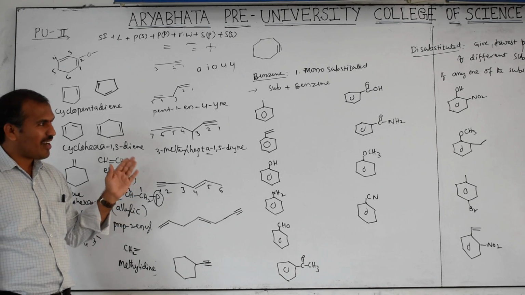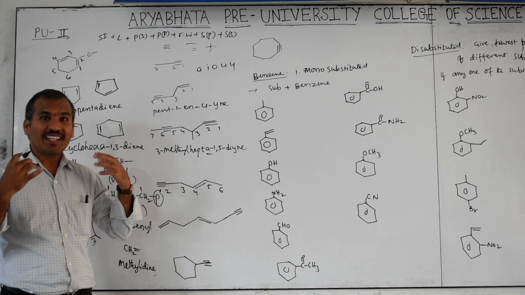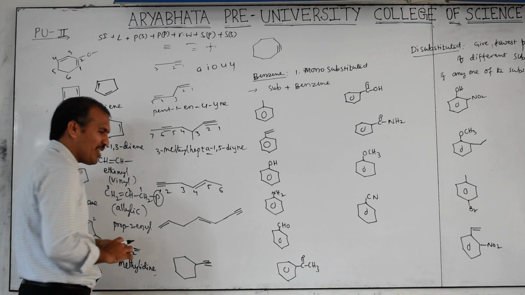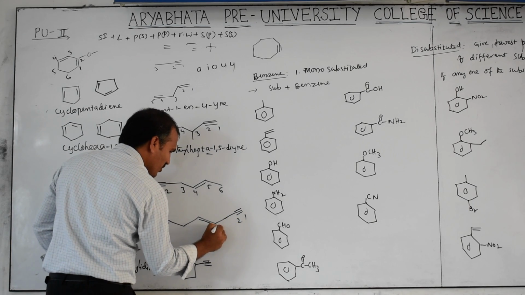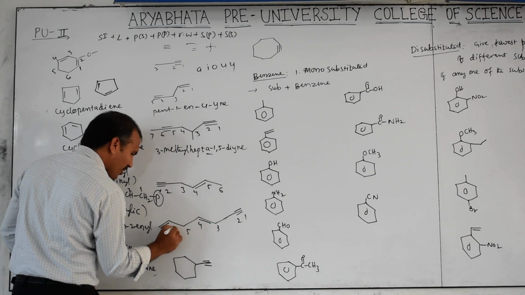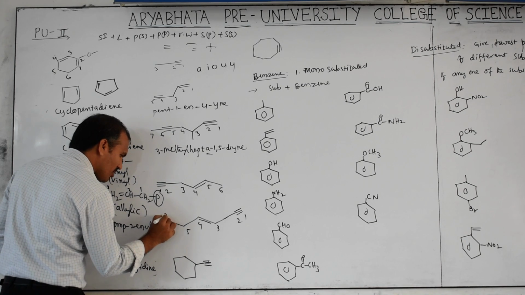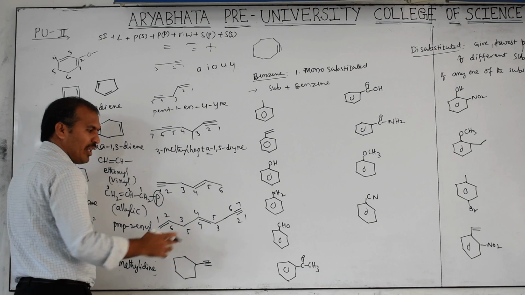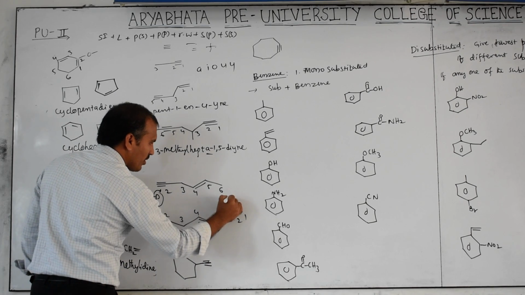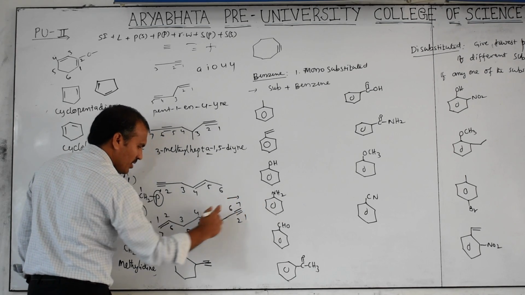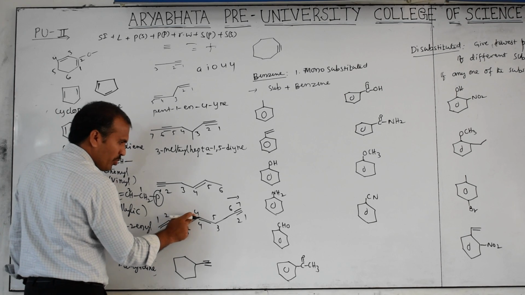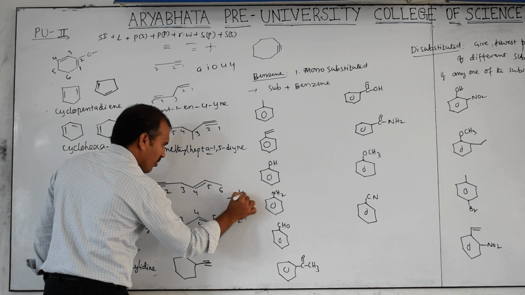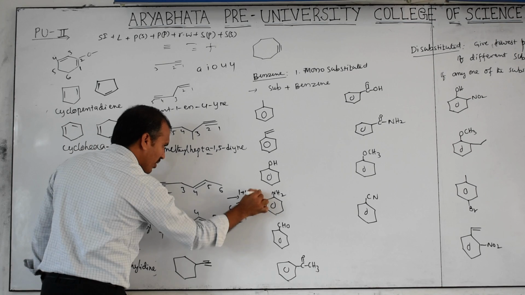That purpose only I wrote all of them first. If I write them one at a time, that is a time-wasting process. 1, 2, 3, 4, 5, 6, 7. In this one, follow the lowest sum. In this direction it is position 1, 4, 6, that is 11.